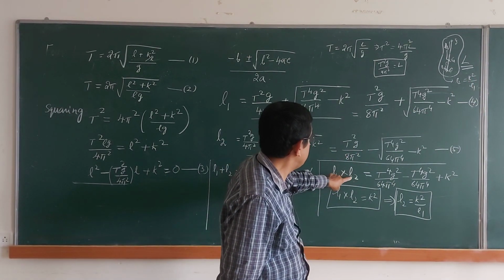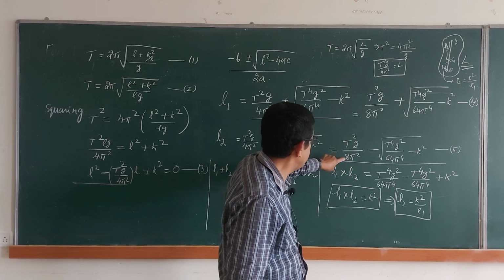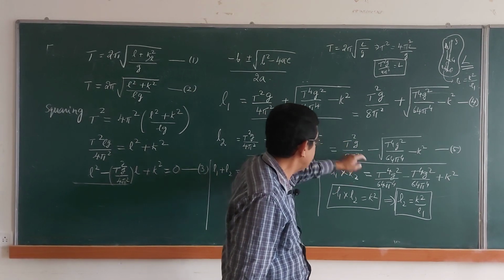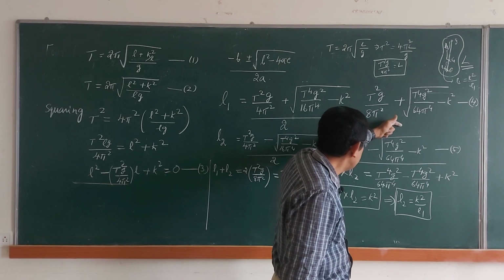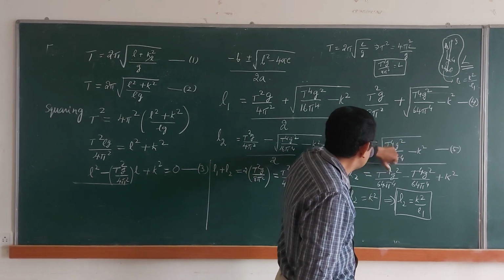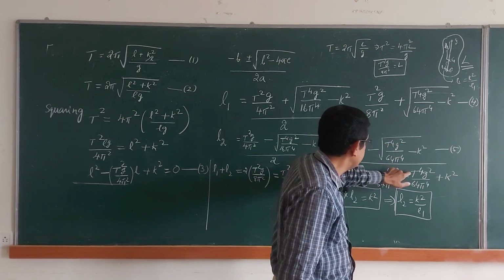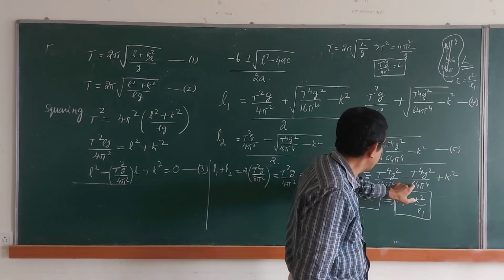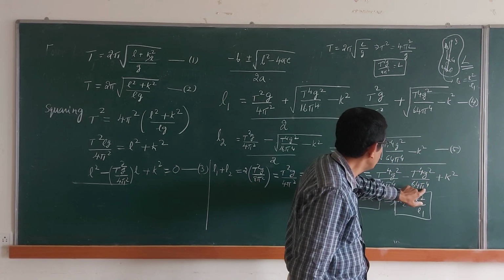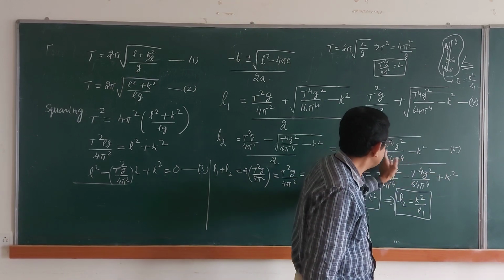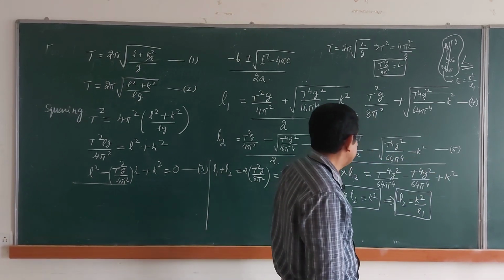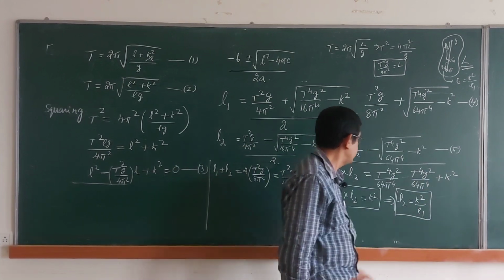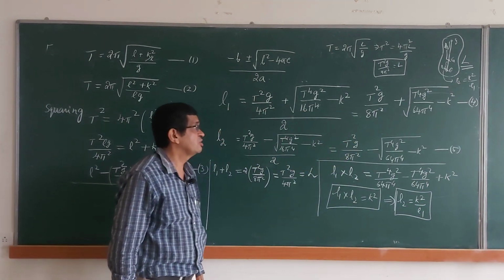Therefore, L1 into L2 becomes T square g by 8 pi square. You square that, and if you square this one, this is A, this is B, so you are squaring that. Therefore, T to the power 4 g square by 64 pi to the power 4, and this will become minus minus plus. Therefore, this cancels, and you have L1 into L2 is equal to k square.